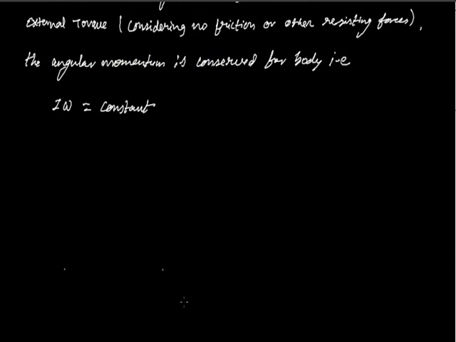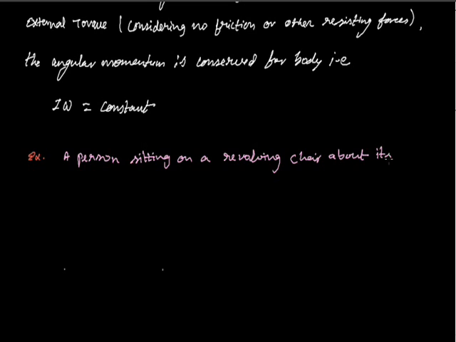You can consider an example here: a person sitting on a revolving chair about its axis. Suppose you are sitting on a chair and tell your friend to rotate that chair.